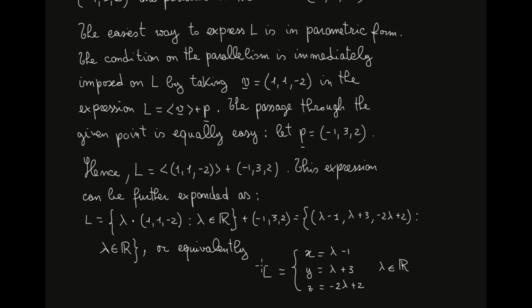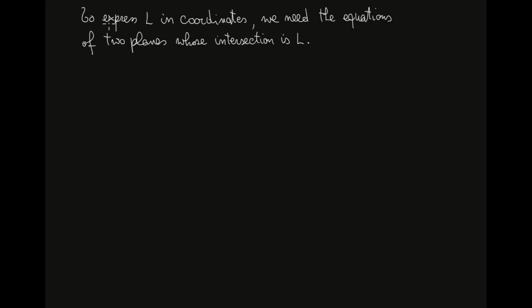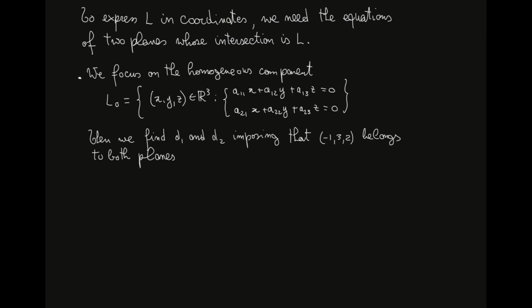A better way to express a line, just like it was the case for the plane, would be to find the coordinate expression of L. Let's do that right now. Remember that to express a line L in coordinates, we need the equations of two planes whose intersection is L. We focus on the homogeneous component first.